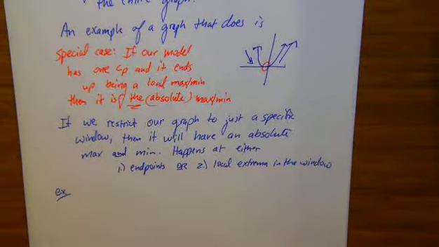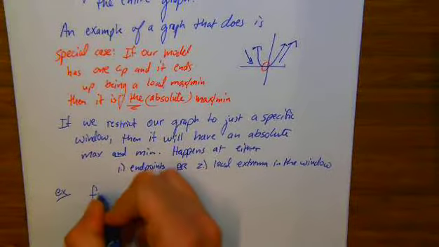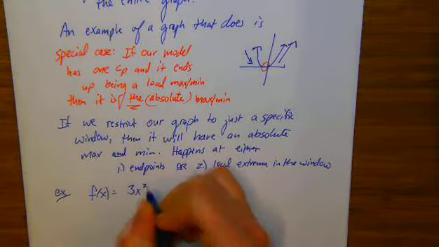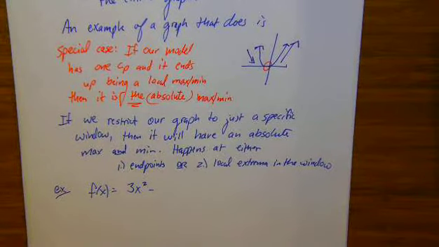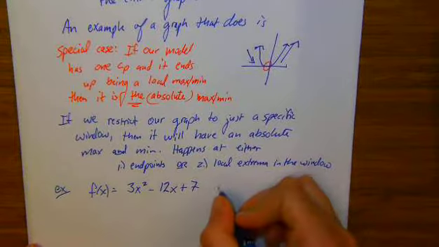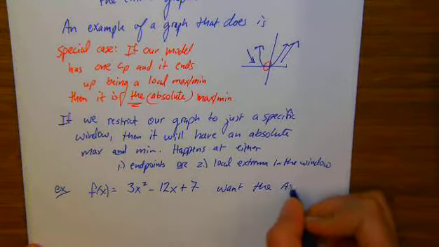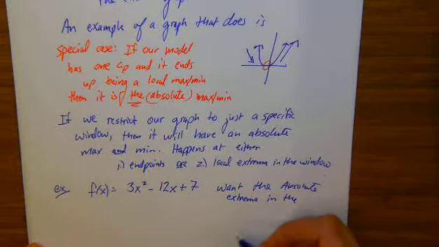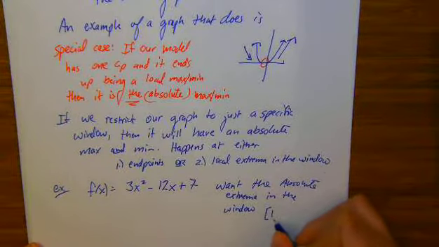For example, let's say we had f of x, and we want the absolute extrema in the window 1 to 5.